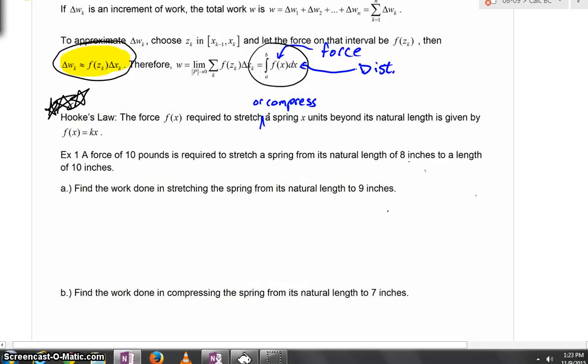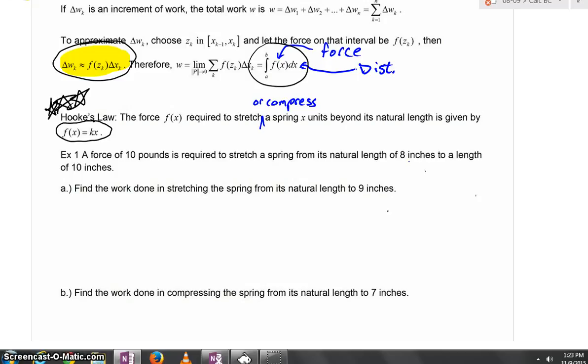Sometimes we're only thinking about stretching a spring, but this is also true if you push it in, if you compress it. If you compress or stretch it x units beyond its natural length, you will have this formula: that force would be some constant times x.